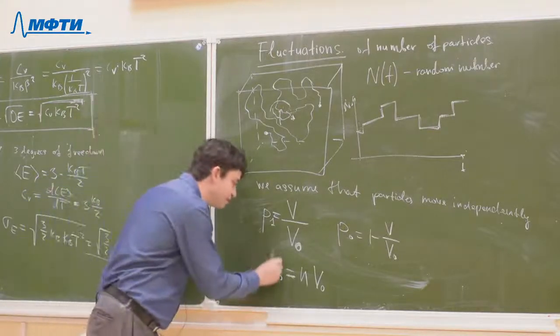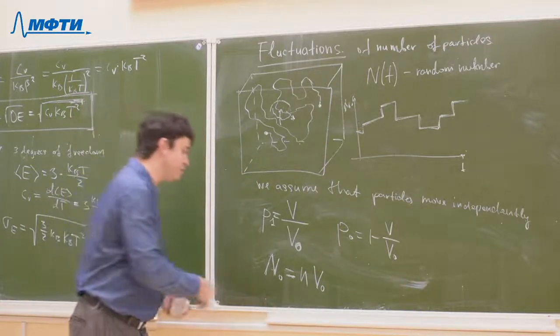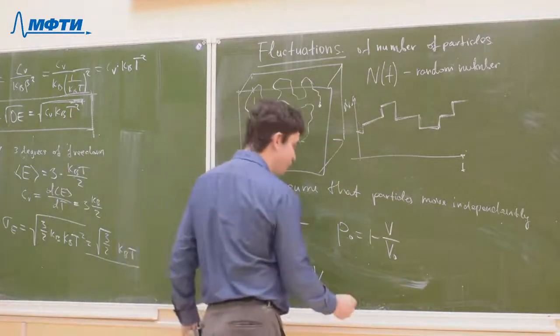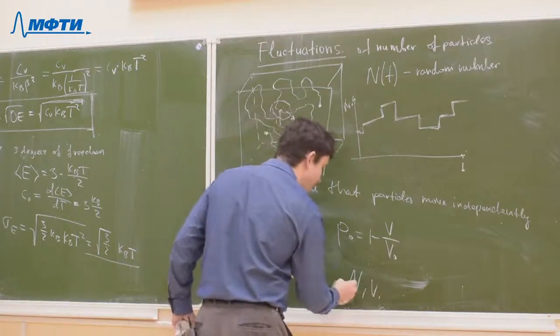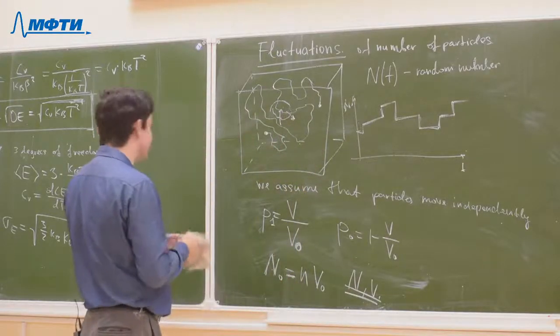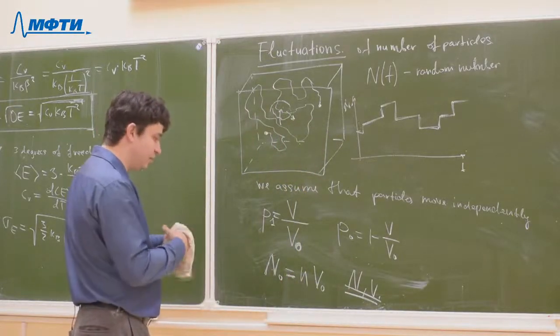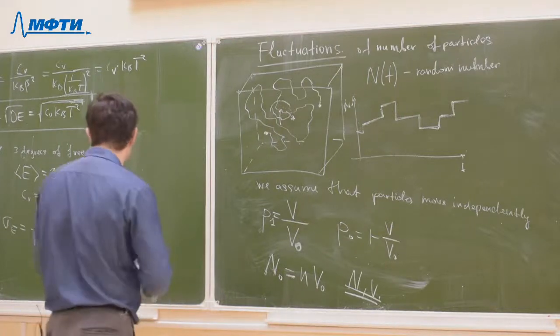So we have this number of particles. And then we need to calculate the probability for a certain number of particles, n, to be found in our volume V. This problem can be reformulated in terms of combinatorics.